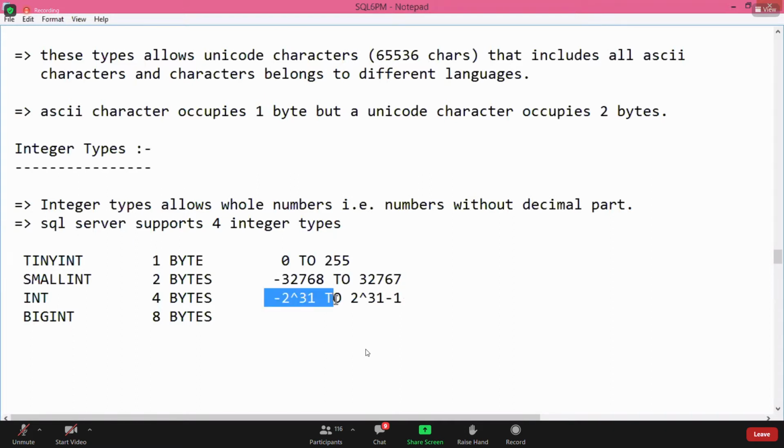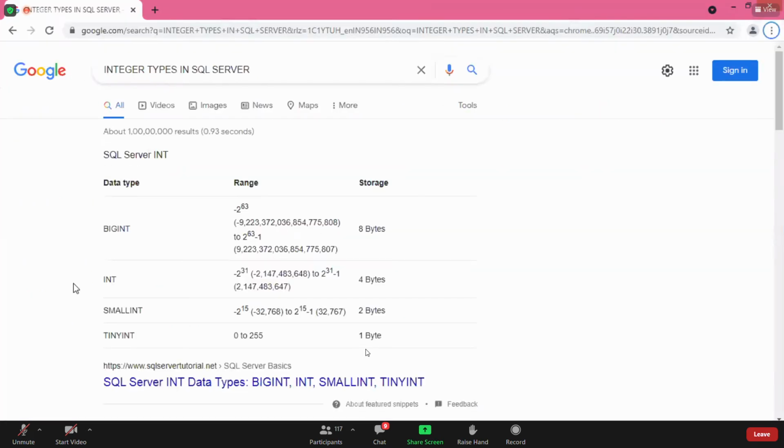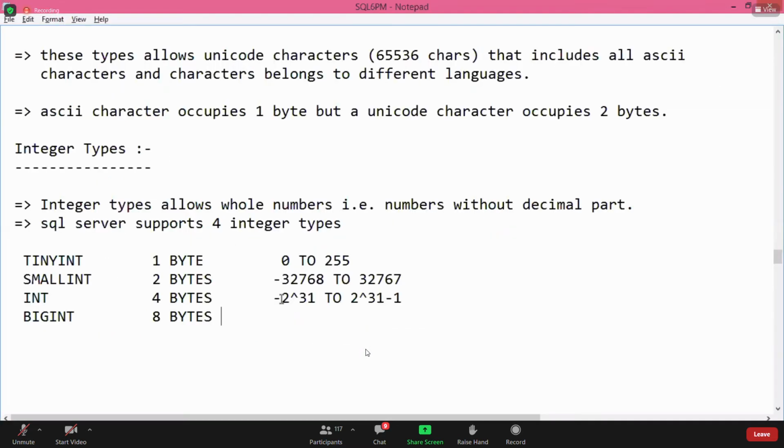So this is the integer range: minus 2 power 31 to 2 power 31 minus 1.